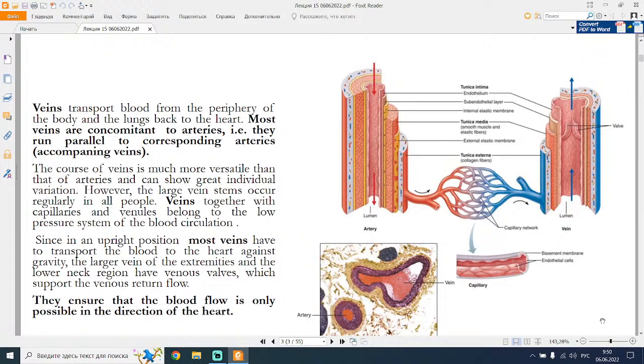However, the large vein stems occur regularly in all people. Veins, together with capillaries and venules, belong to the low pressure system of the blood circulation. In the upright position, most veins have valves which support the venous return flow. They ensure that blood flow is only possible in the direction of the heart.